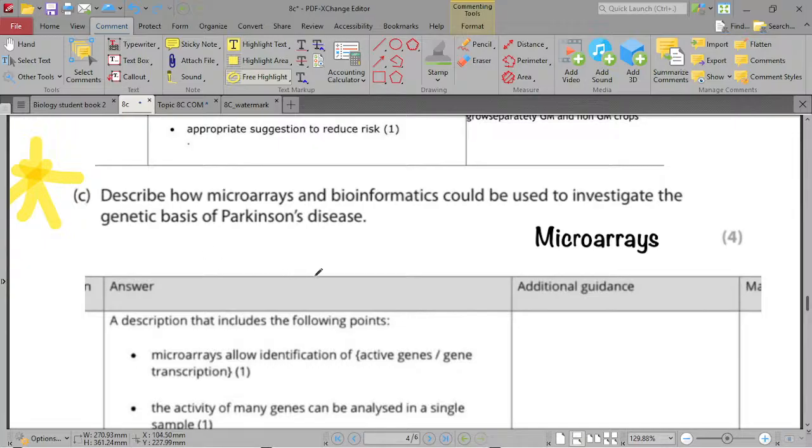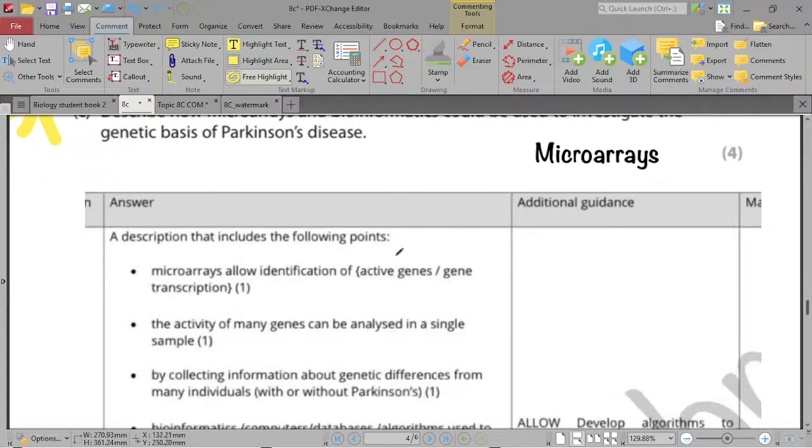Describe how microarrays and bioinformatics can be used to investigate the genetic basis of Parkinson's disease.